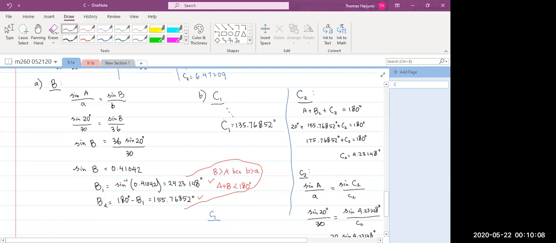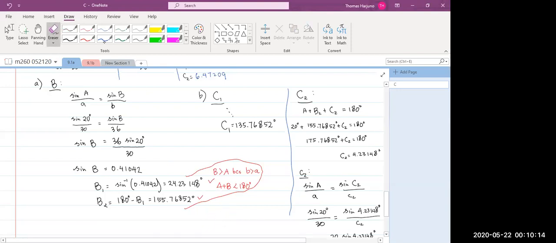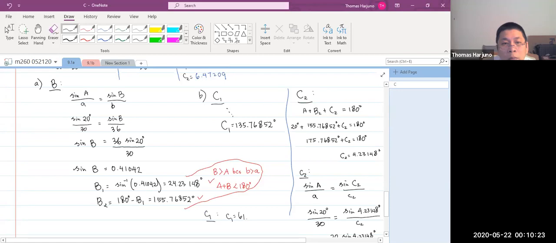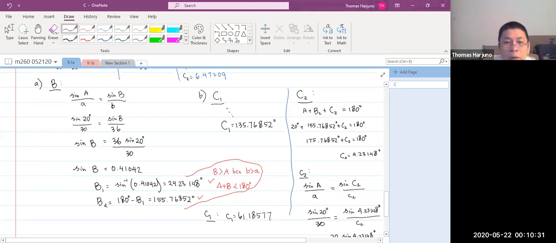Now then, how about side C1? 61.18577 centimeters. There's no centimeter here, but anyway, you get the number. Can somebody else confirm this number?